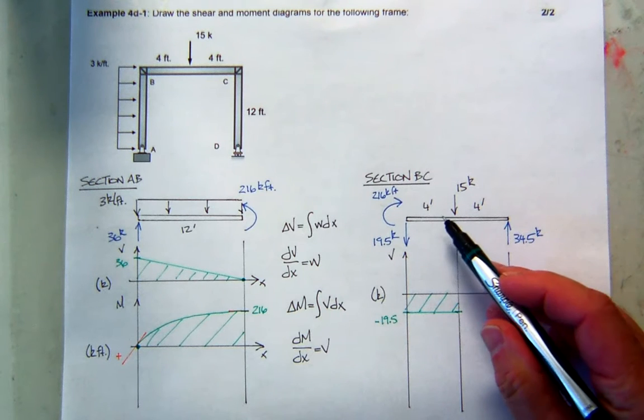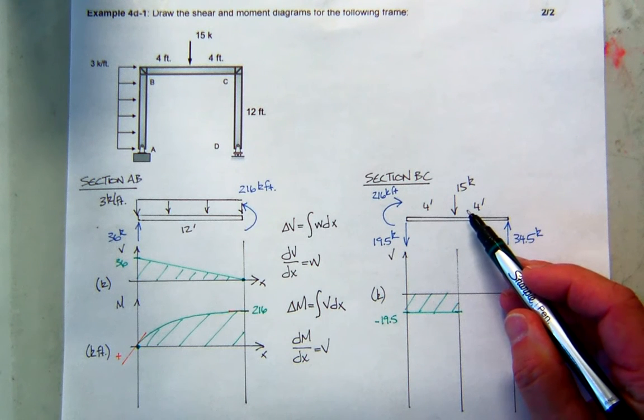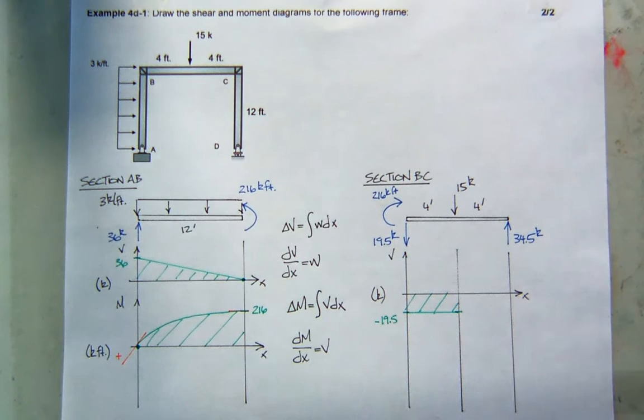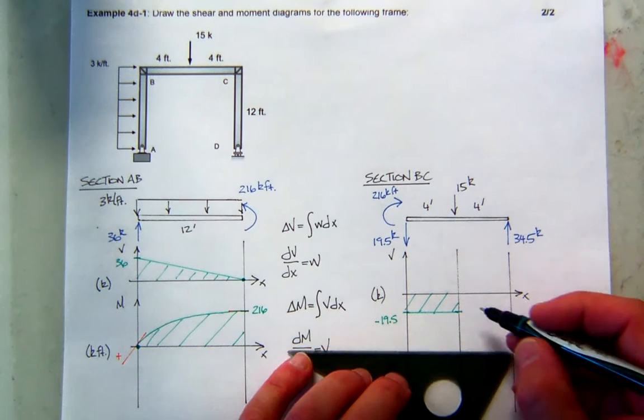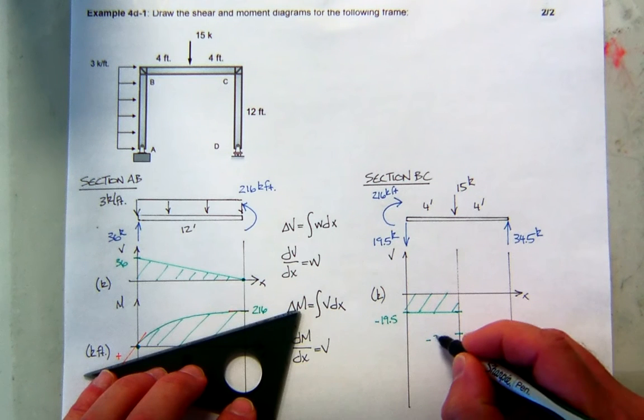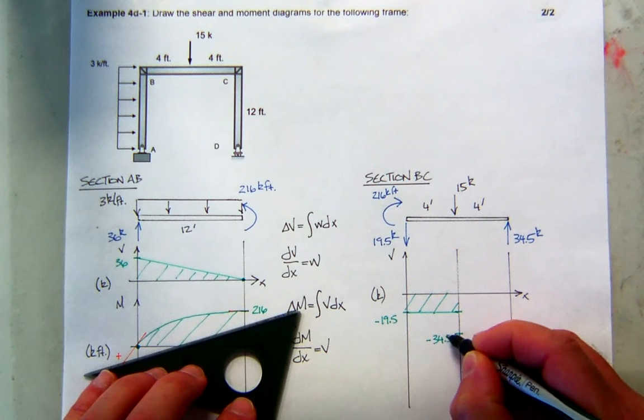And then as I go left to right, what happens? My shear change is how much? 15. So I'm going to take 19.5 and subtract 15, and I get 34.5.